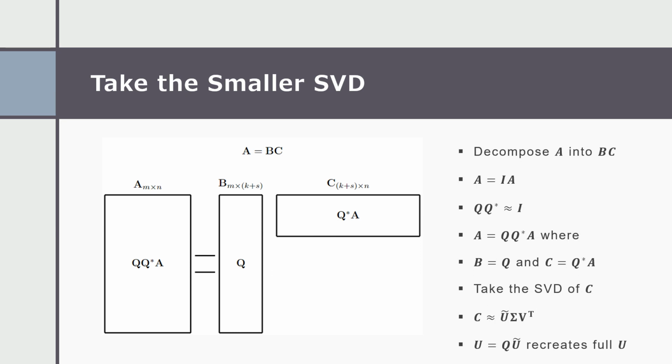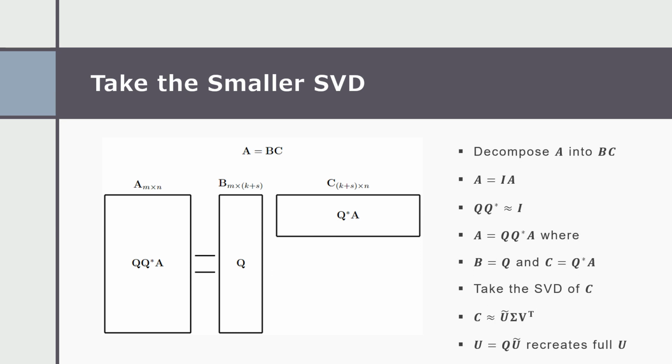Halko and Martinsson's methods use randomized methods to quickly find the Q matrix so that we can make the factorization of matrix A equals BC. B is going to be a tall, thin matrix, M by KS, and C is going to be a short, fat matrix, KS by N. K is just the target rank, if you know the rank, and S is an oversampling parameter.